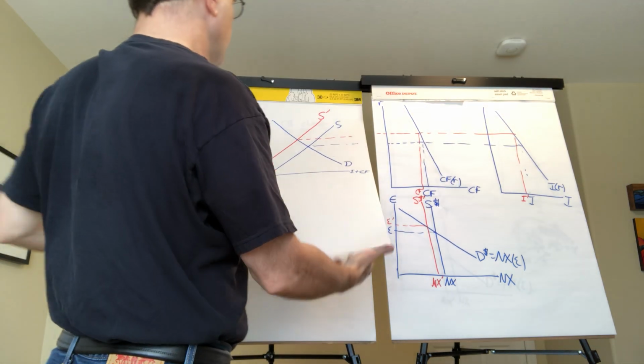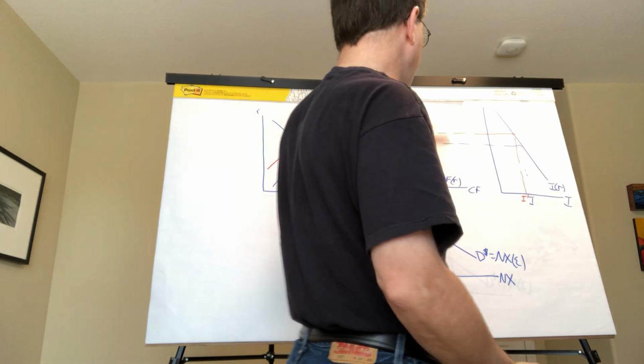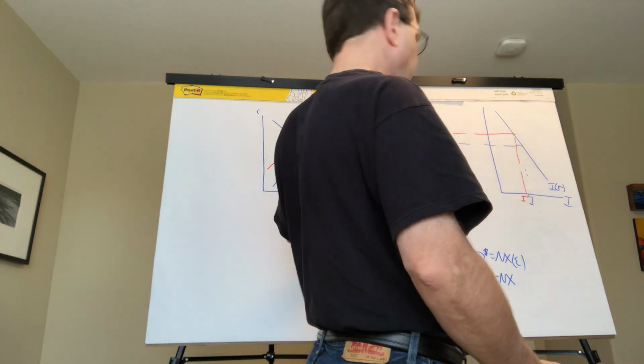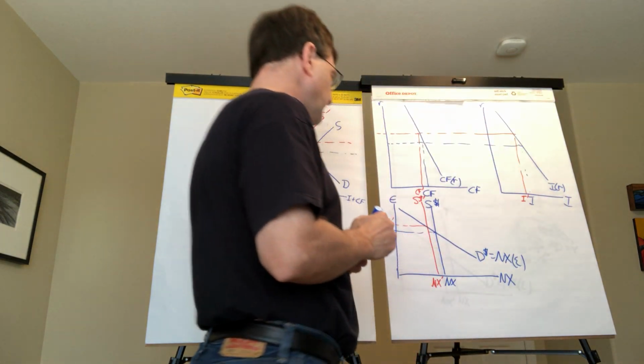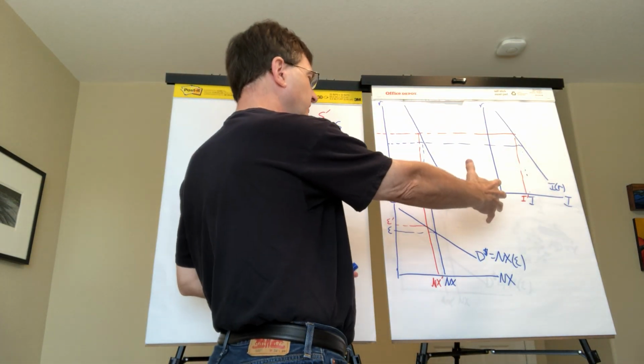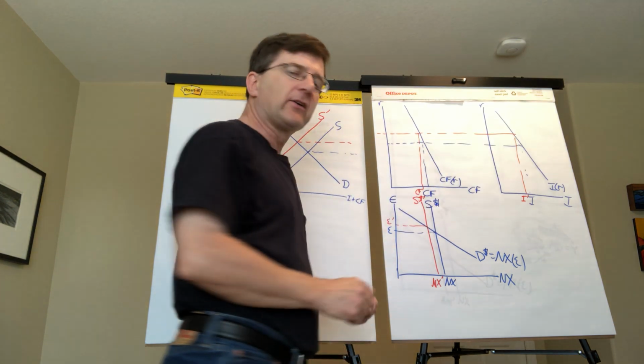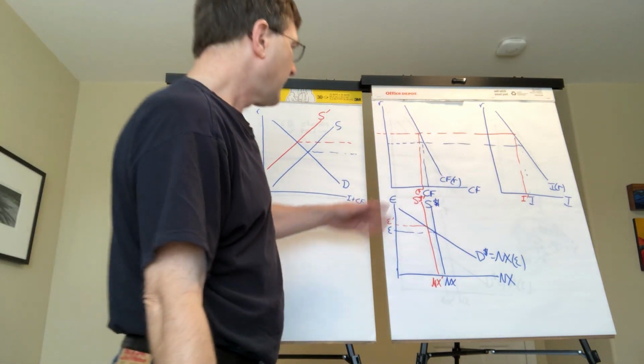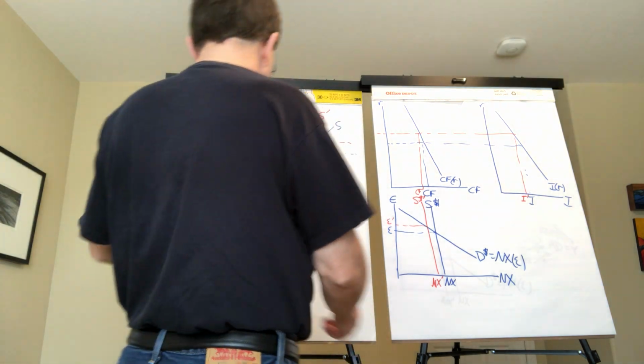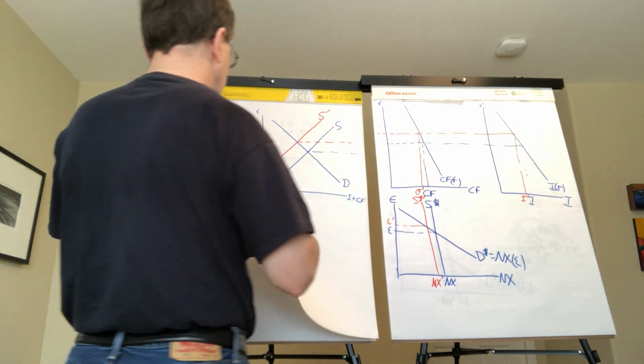If you look closely at them, they've got real things on the axes. I'll add the label there. All of these things are real things. None of them is something narrow like real money balances, and so the Fed can't have any effect in the long run.